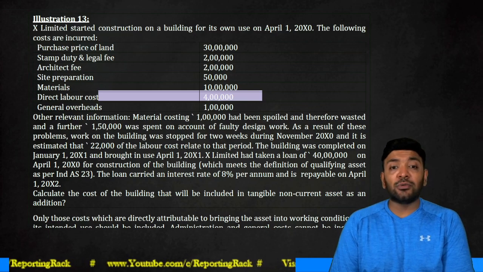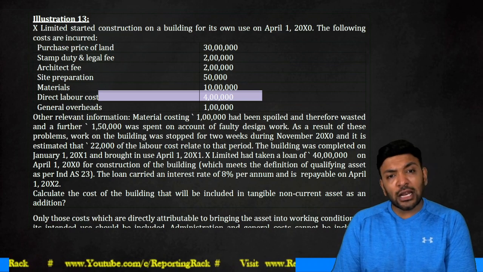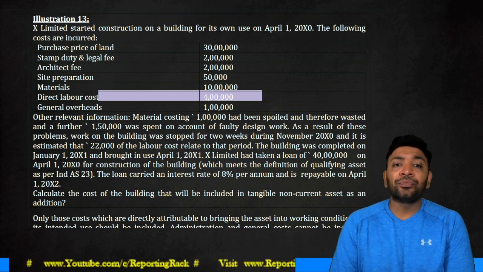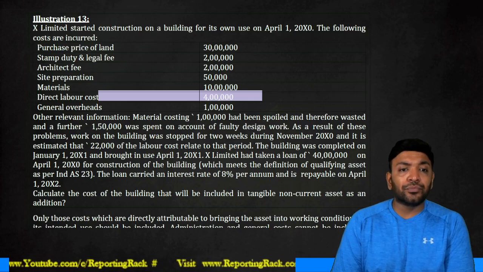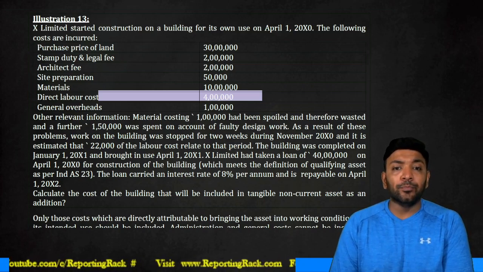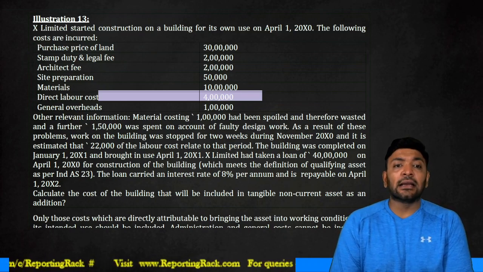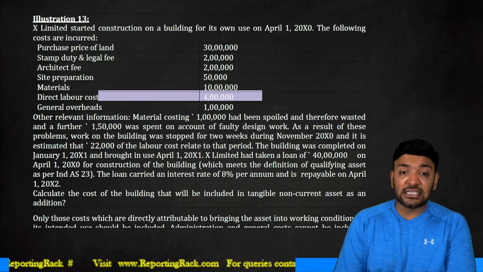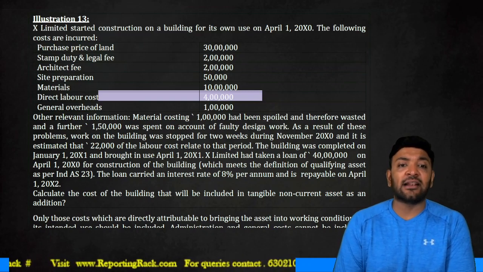Now, the amount eligible to be capitalized shall include the amount of borrowing cost. Look at the borrowing cost given in the question. X Limited has taken a loan of 40 lakhs on 1st April on construction of the building. Guys, the construction was completed on 1st Jan. So your cessation of capitalization should be considered as 1st Jan itself.